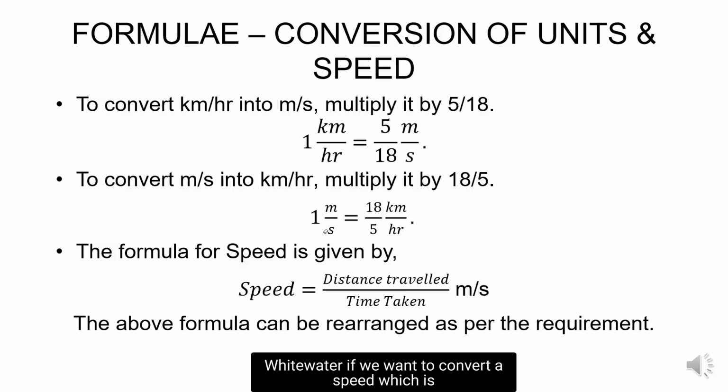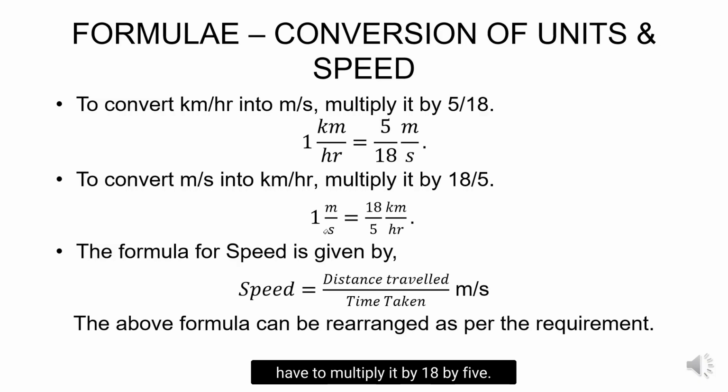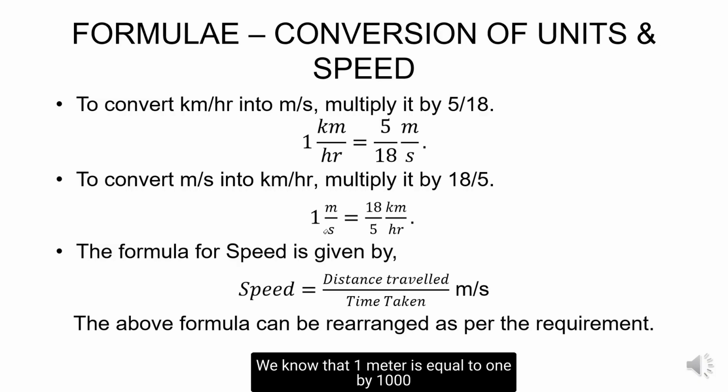Vice versa, if we want to convert a speed which is available in meter per second into kilometer per hour, we have to multiply it by 18 by 5. We know that 1 meter is equal to 1 by 1000 kilometer and 1 hour is equal to 1 by 3600 seconds.